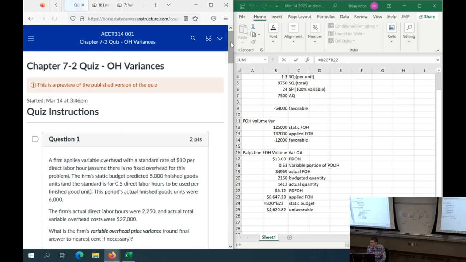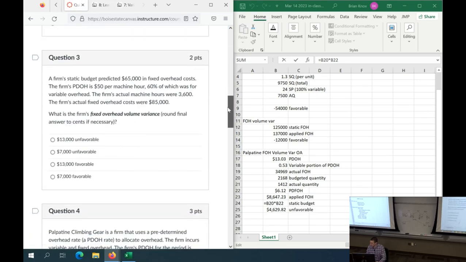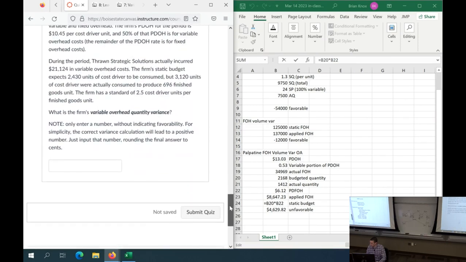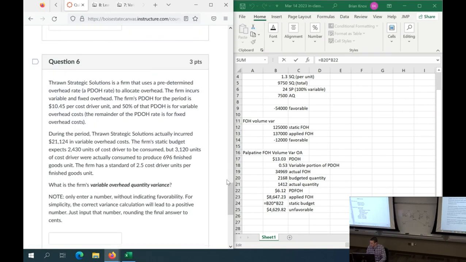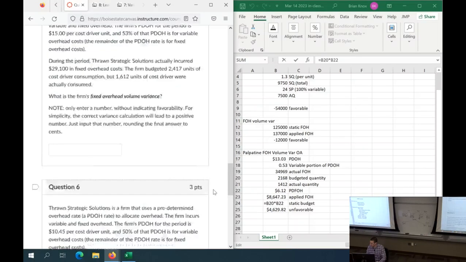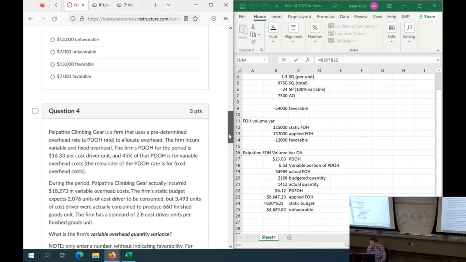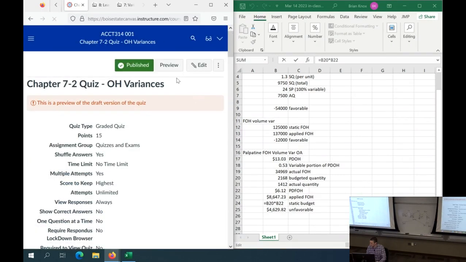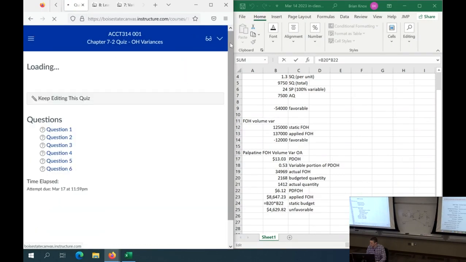So you have less chance of getting thrown off is the idea. I'm trying to look for an open answer, fixed overhead spending variance, which I'm pretty sure exists.